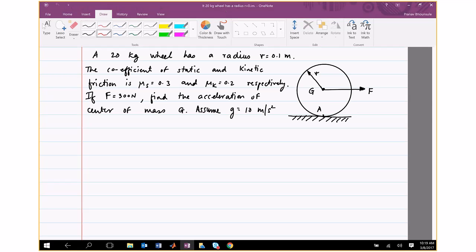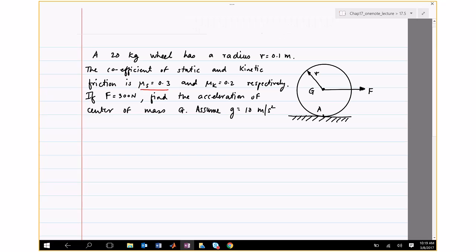As you notice, mu s is greater than mu k. If a force of 300 Newton is applied, find the acceleration of center of mass G, assuming g is 10 meters per second squared. Now, what you're not being told in this question is if the wheel is rolling or sliding, and you cannot assume it's rolling or sliding unless you do the calculation.